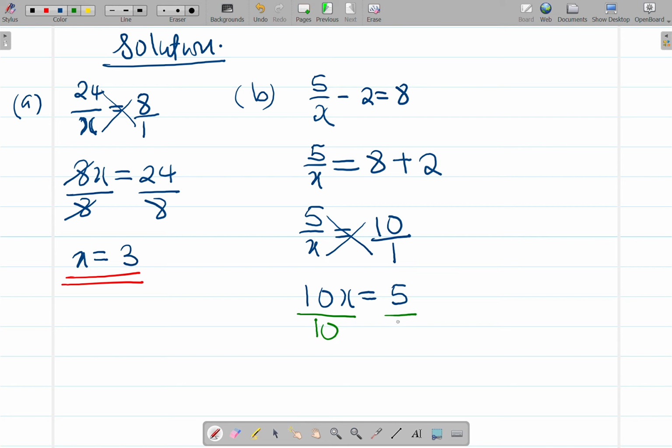So x is equal to 5 into 5, which is 1, and 5 into 10, which is 2. Therefore x is equal to 1 over 2.